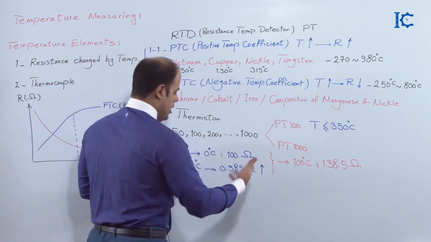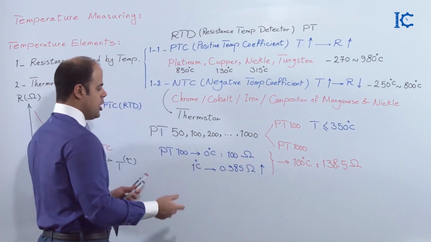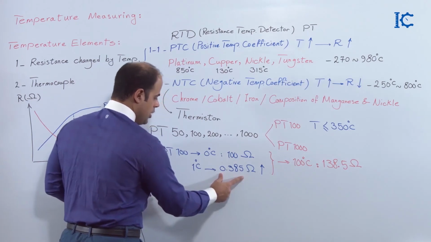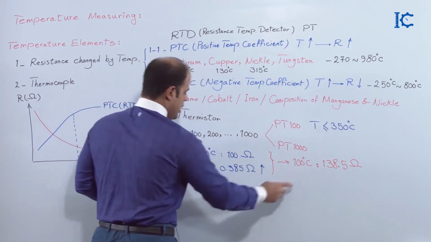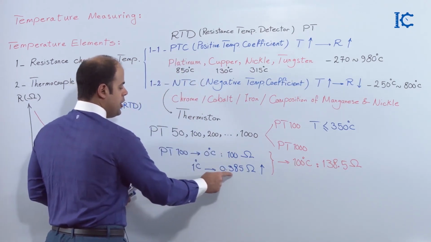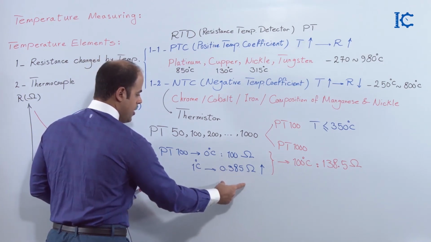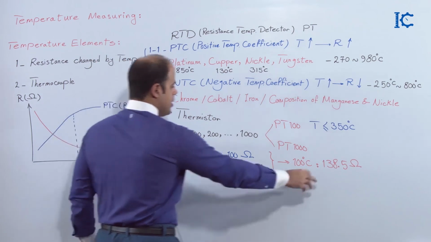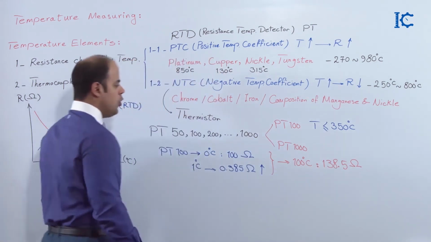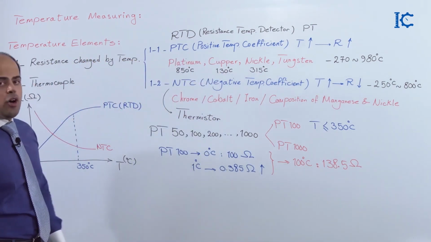Actually, I didn't do anything difficult. I just multiplied this one by 100, and I reached 38.5 ohm of change. So I just add this amount to 100, and it's what you can see here as well, 138.5 ohm.